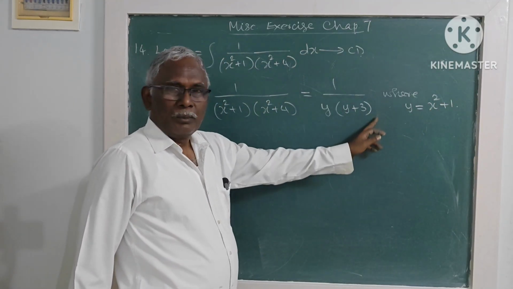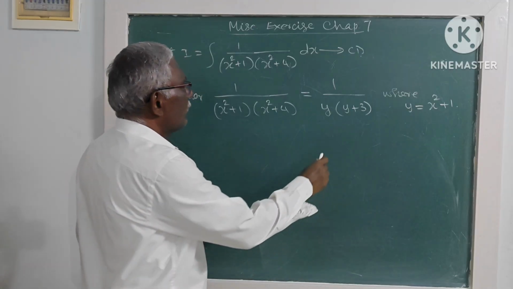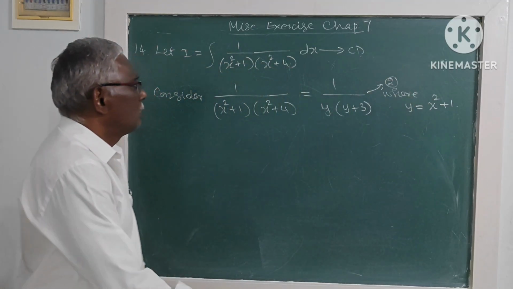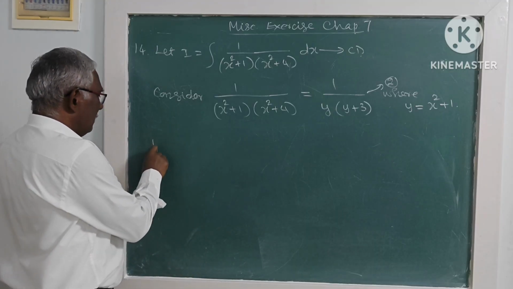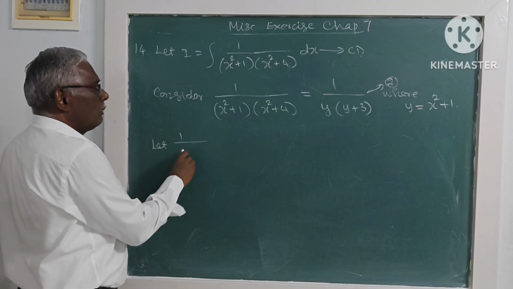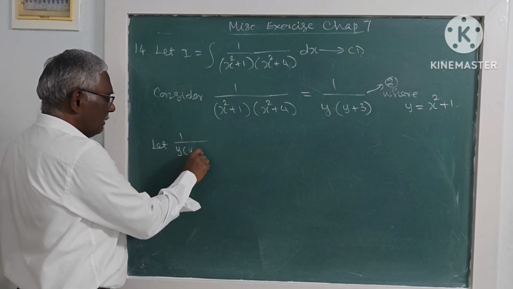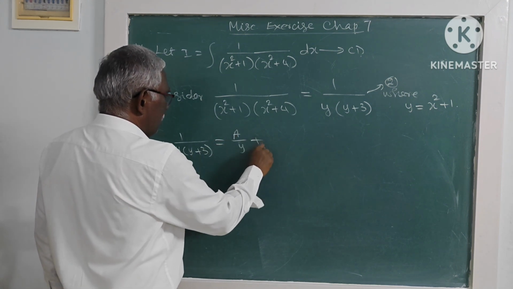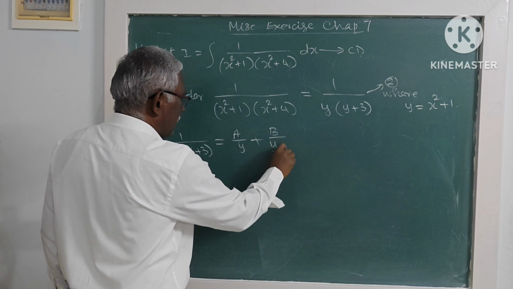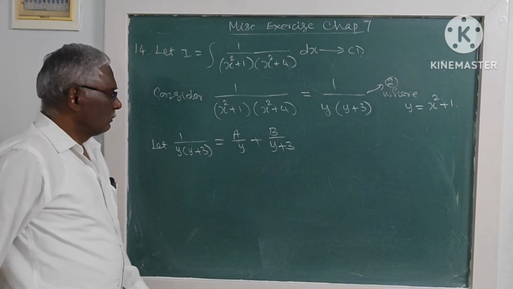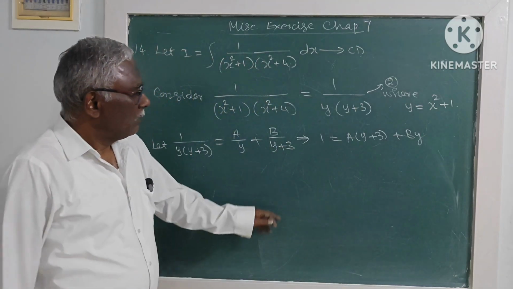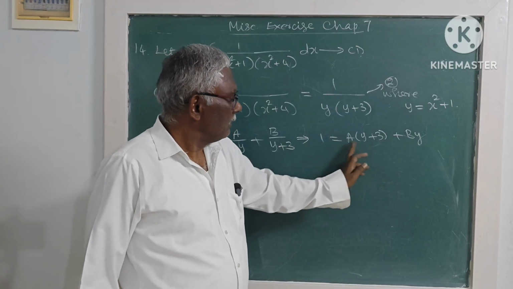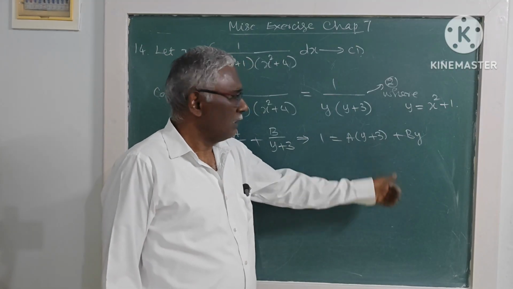For this we can use partial fractions. We'll take this y, then let 1 over y into y plus 3 be a by y plus b by y plus 3. By taking the values y as 0 and y as minus 3, we will get the values for a and b.